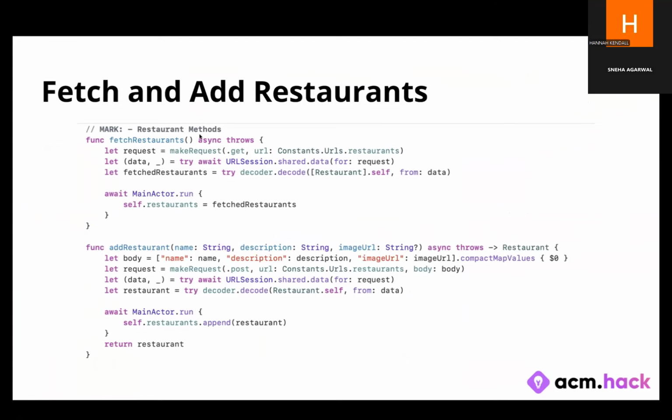As you can see here, both of them are using the make request function that we just defined and passing in, for fetch restaurants, passing in get, and then the URL from that constants file, which we just made, which has the URL to our API. And for our get function, that's all we have. But for our add restaurants function, we also have a body, which as we defined earlier was the optional field. And in this one, it's included.